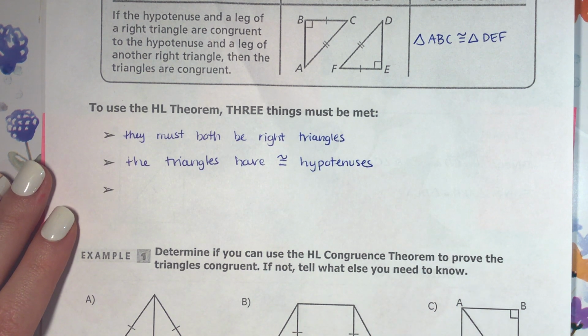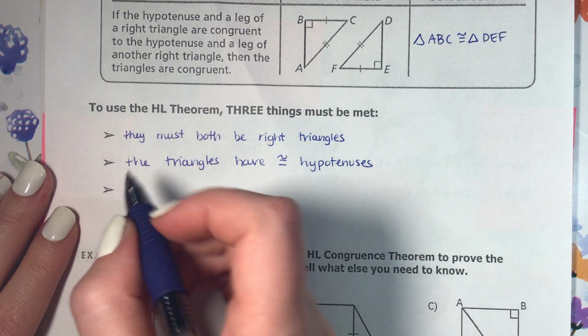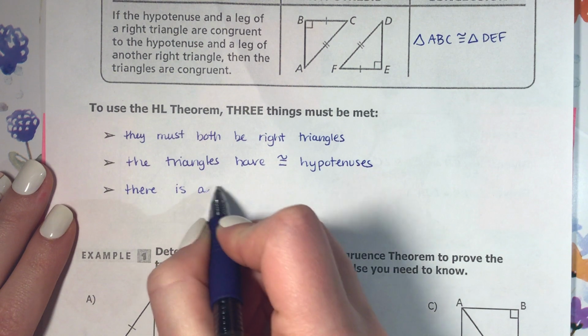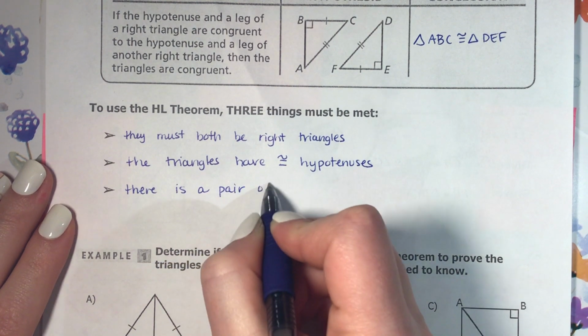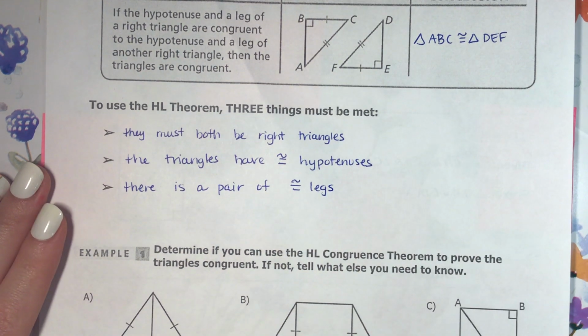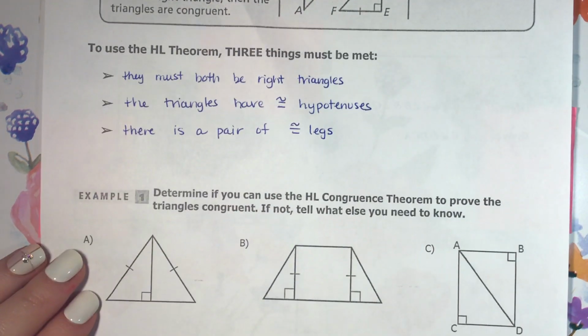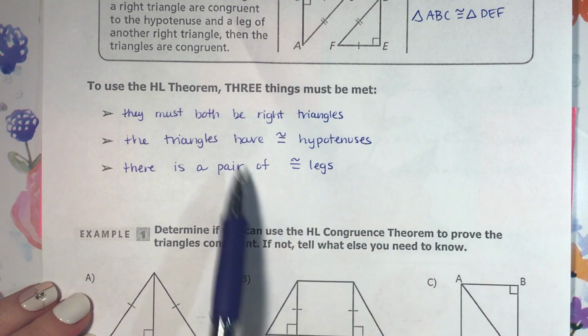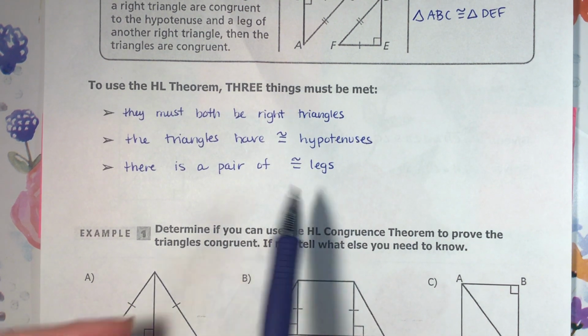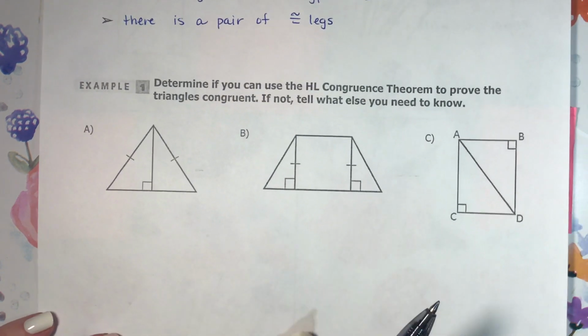It doesn't matter which one, just as long as it has a pair of them. So there is a pair of congruent legs. Alrighty. So if we have all of these three things met, then we are able to use the hypotenuse leg theorem. Let's see that in action down here.